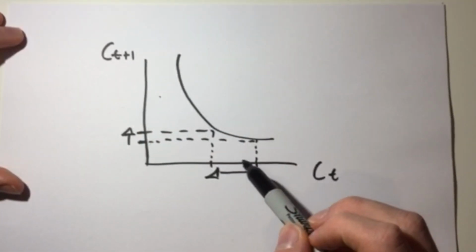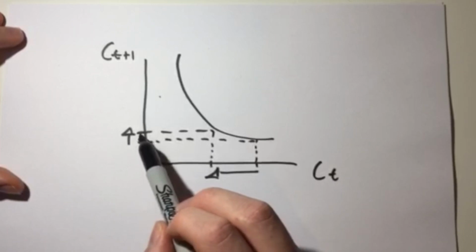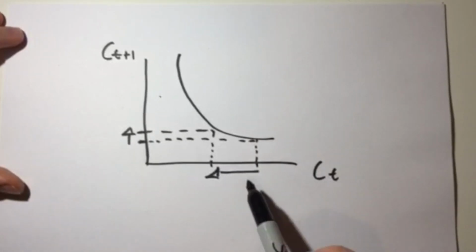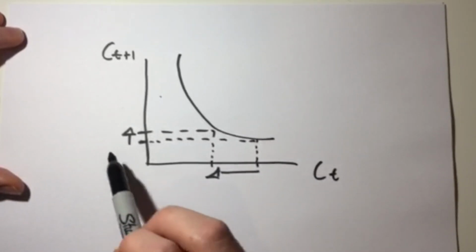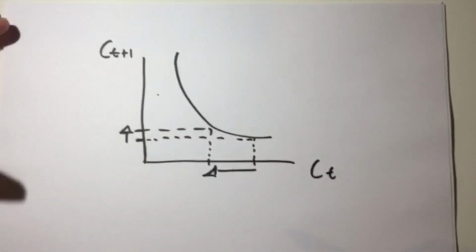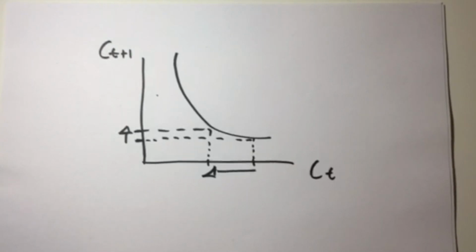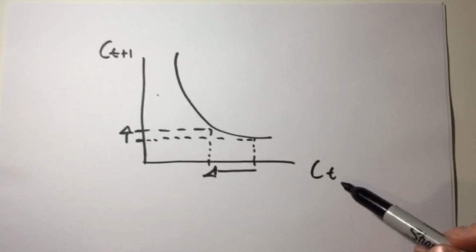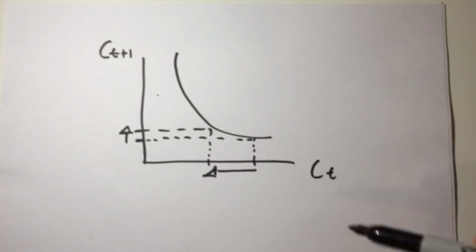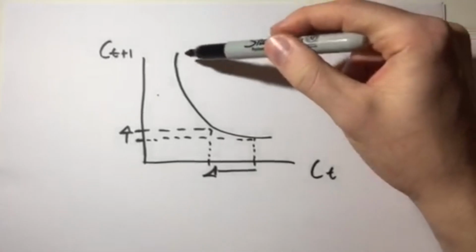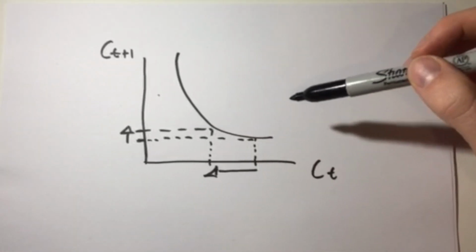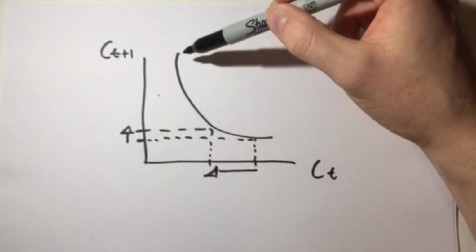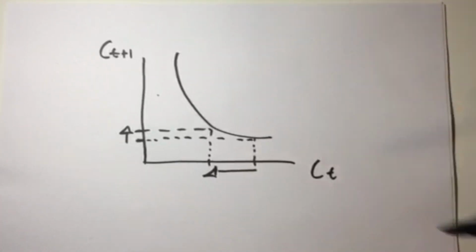As we can see, this arrow here is much larger than this arrow here. Any increase in CT plus 1, when it's very low, is going to increase our utility by a lot more than any increase in CT, because we have a lot of CT. So our indifference curve, due to diminishing marginal utility, is going to look like this.